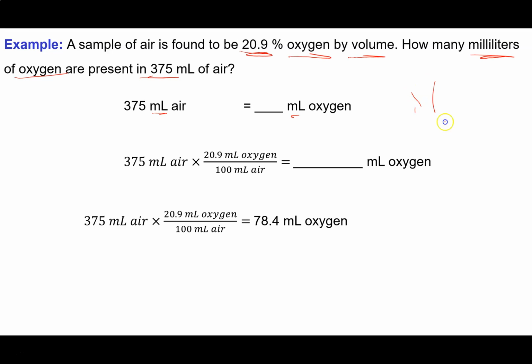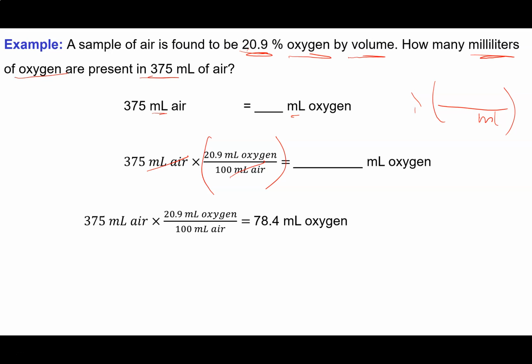So I know that I'm going to have to multiply by something that has milliliters of air on the bottom in my first conversion factor, right? And that's what I do here, because I'm going to use this percentage, which is really saying that I get 20.9 milliliters of oxygen for every 100 milliliters of air. And so there it goes, right?